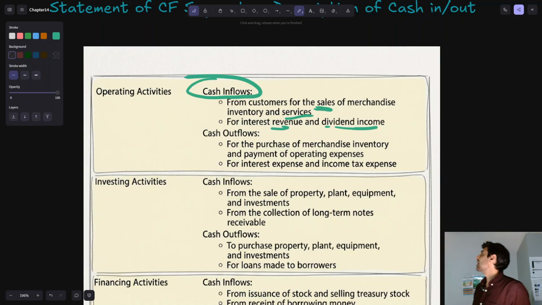So basically none of the adjusting entries that we do are ever going to appear here because they're all unrelated to cash, right? We would credit interest revenue, debit interest receivable, right? You don't see cash in that journal entry.